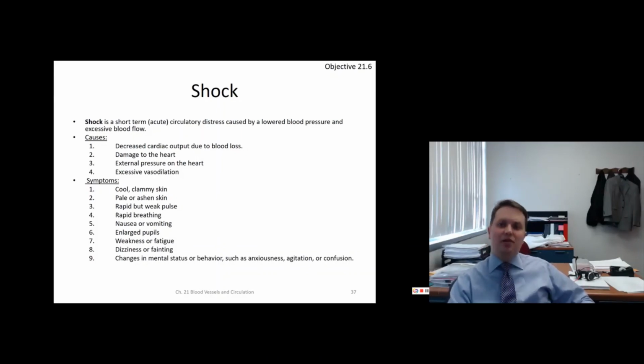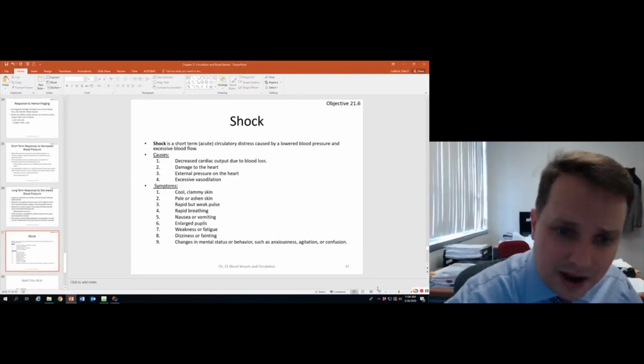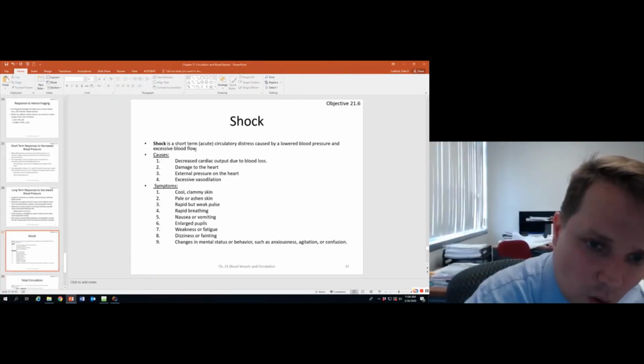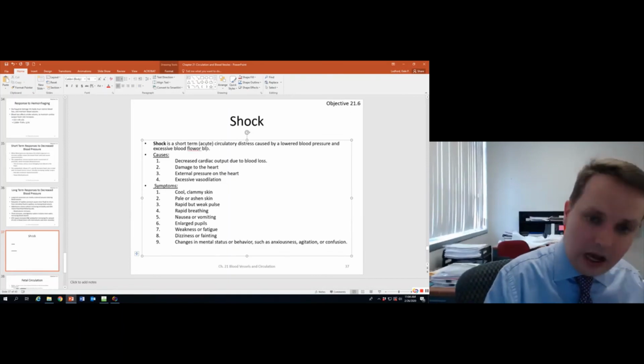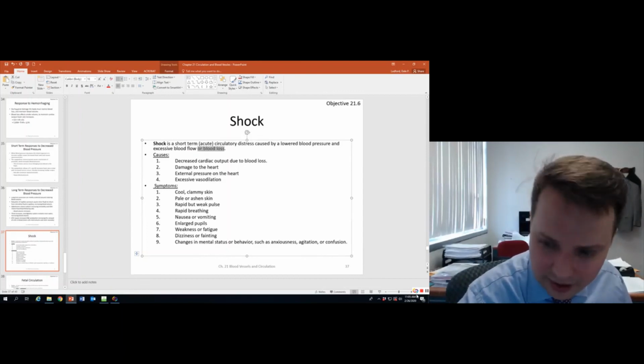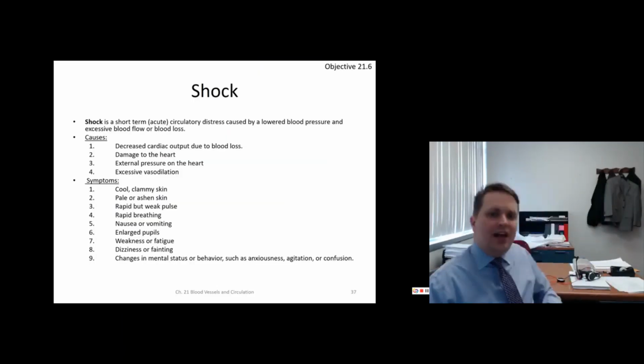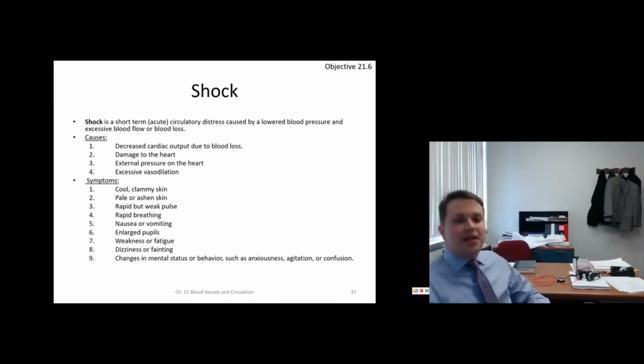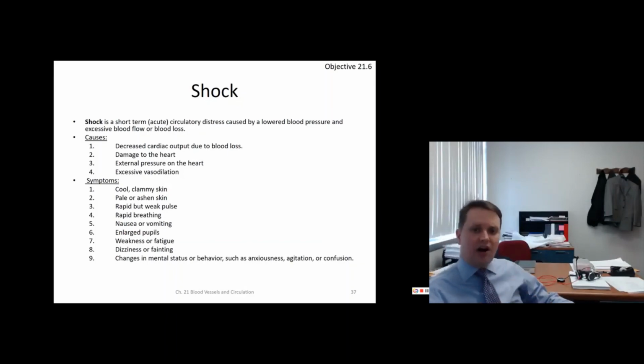If my blood pressure lowers or there is excessive blood loss, or one might say excessive blood flow or blood loss, then this causes the cardiac output to go down. Shock causes a reduction of cardiac output.